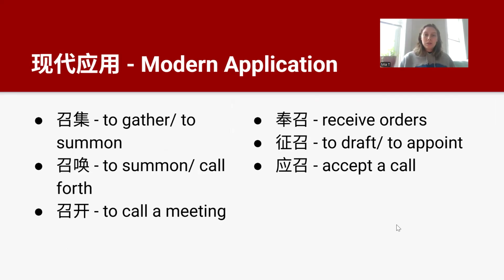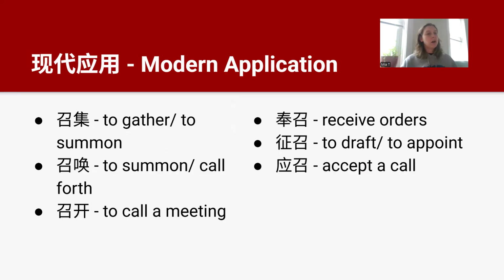So now we've made it to our 现代应用, our modern application. So I'll give you some examples of how Zhao is used in today's language. So the first one is Zhaoji, which means to gather, to summon. The second one is Zhaohuan, which is to summon or to call forth.